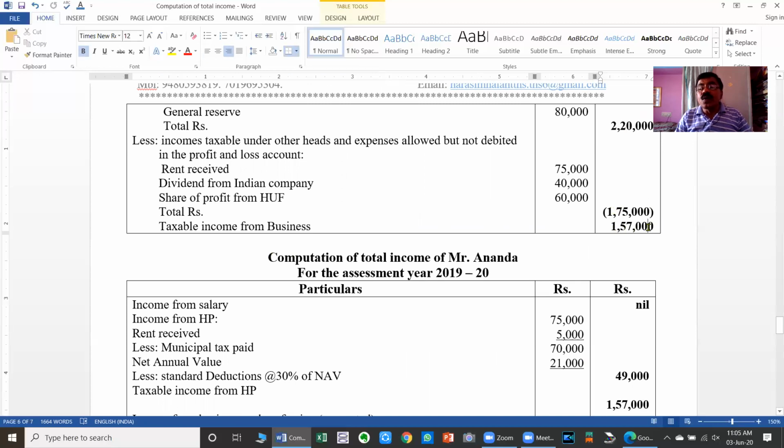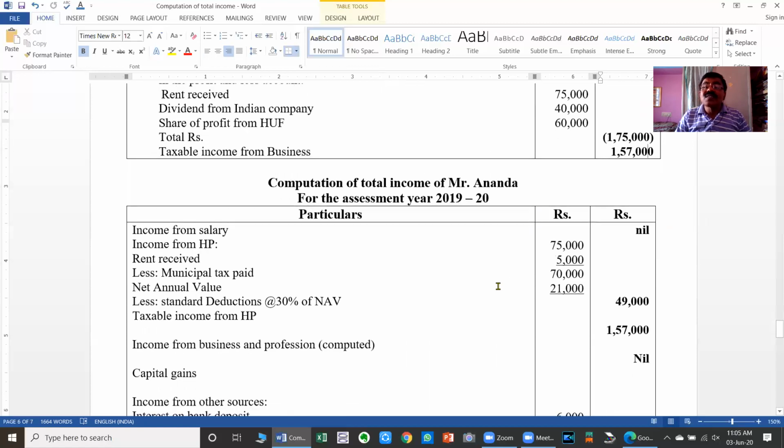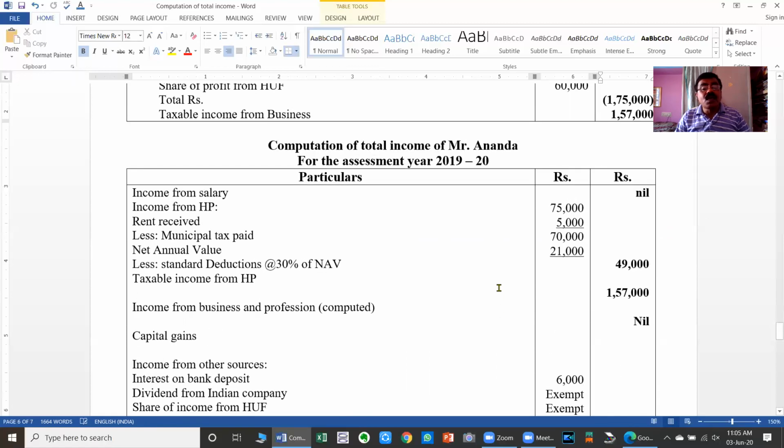After the computation of income from business, the second step in this type of question is the computation of the taxable income, that is, gross total income and taxable income. First of all, as usual, we have to calculate the gross total income. Salary income is nil. Income from house property: rent received 75,000, municipal tax paid, given on the debit side of the P&L account, 5,000.